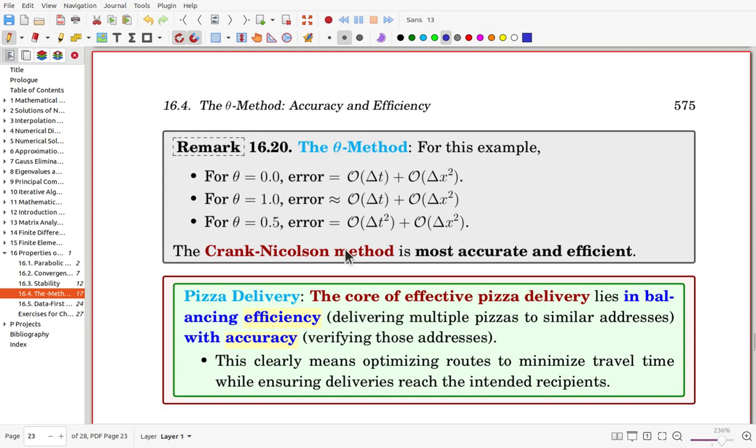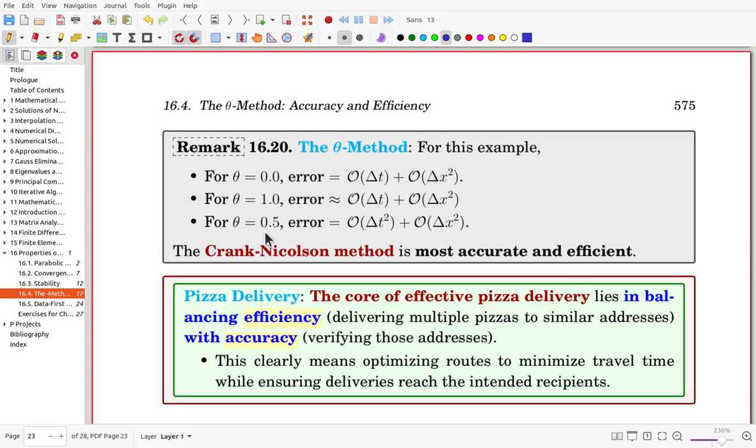Now, for theta is 1, we have first order. And when theta is half, that is the Crank-Nicolson method, the temporal accuracy is second order. So the Crank-Nicolson method is the most accurate and efficient.